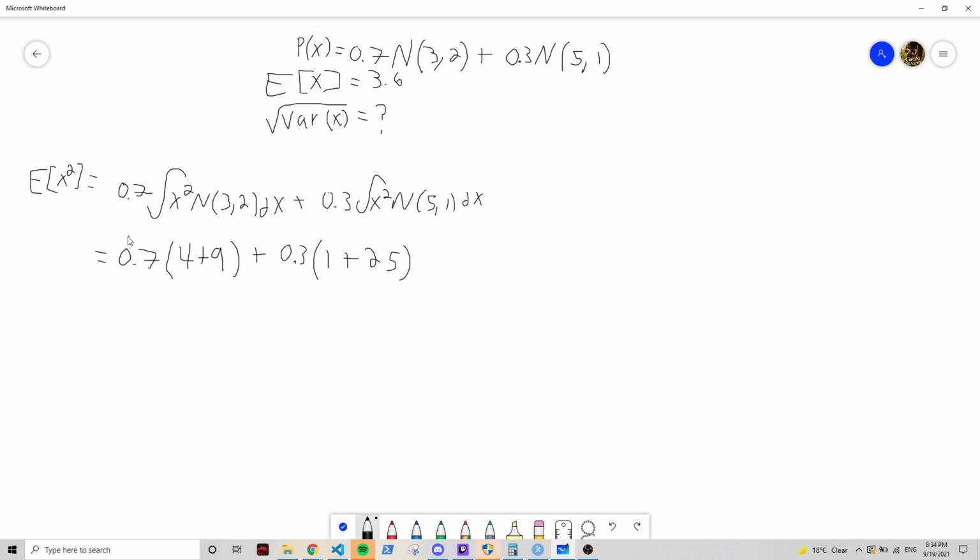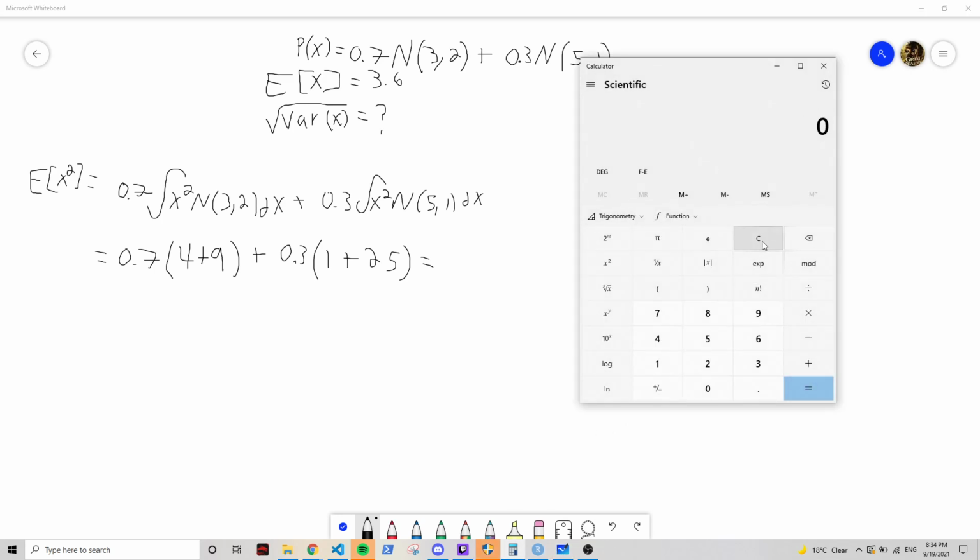And then we have all of this. Oh, actually, I'll leave it there for now. So let me get out the calculator again. So this is 0.7 times 13. I didn't actually need brackets there, but whatever. Plus 0.3 times 26. So this is 16.9.